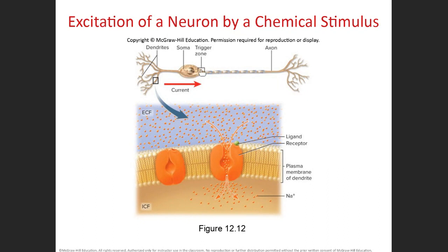If it's enough here at the trigger zone, which is also known as the axon hillock, then we will get the development of an action potential. That action potential will go the entire length of the axon. It will not stop. It will go to the end here and cause all sorts of activity at the synapses.